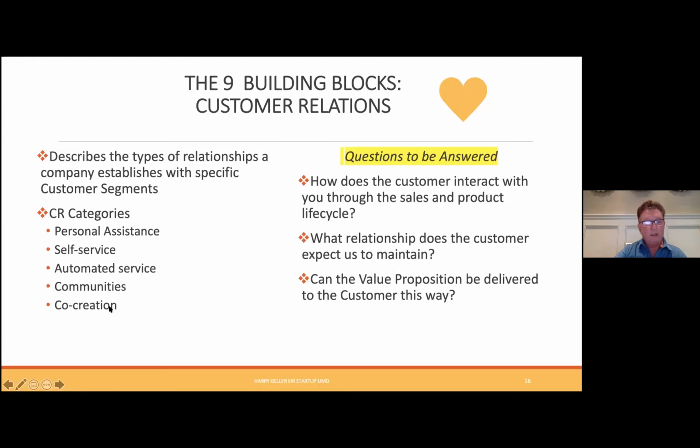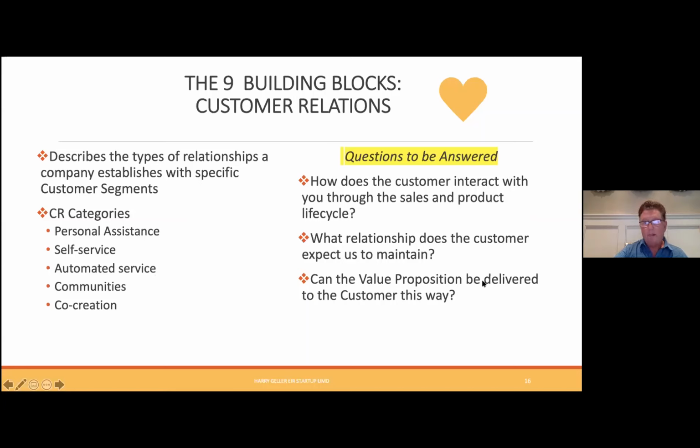If you ever check in to an airline, you're getting a lot of this. You might have someone at the counter. You might check your bags yourself. You may print out your tags. So those are all examples of customer relations. So again, how does a company relate with the customer?